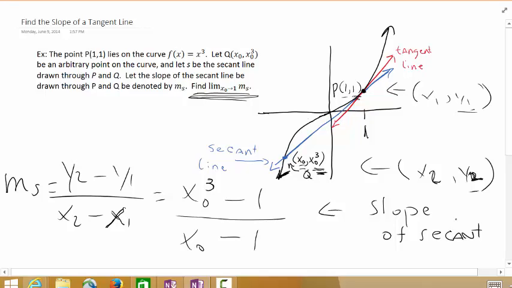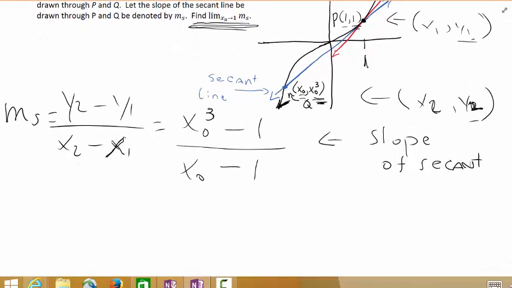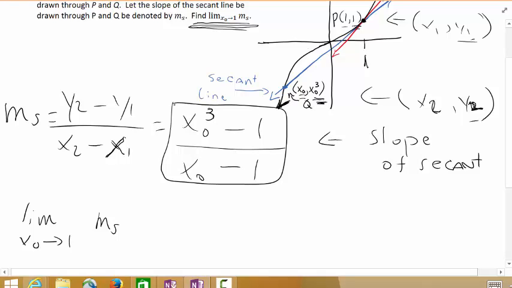So now we're going to use this information to actually calculate the slope of the tangent line. To find the slope of the tangent line, we have to find the limit as x sub 0 approaches 1 of m sub s. We already know what m sub s is, which is this algebraic expression here. We're going to replace this m sub s with its true algebraic form.